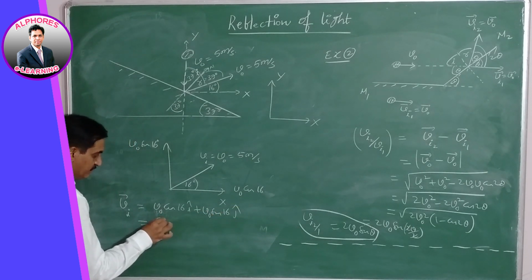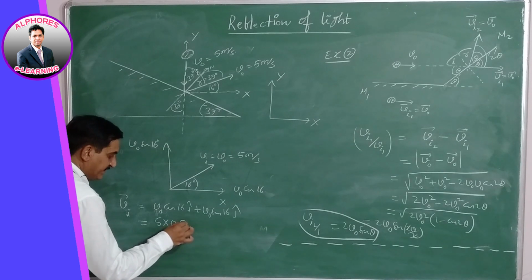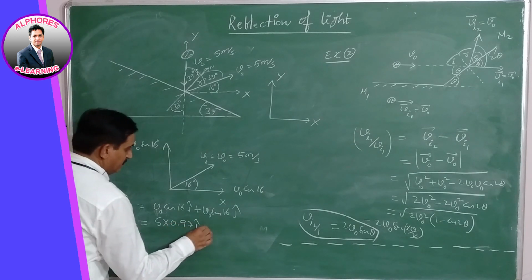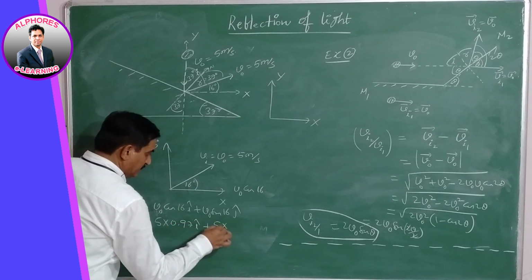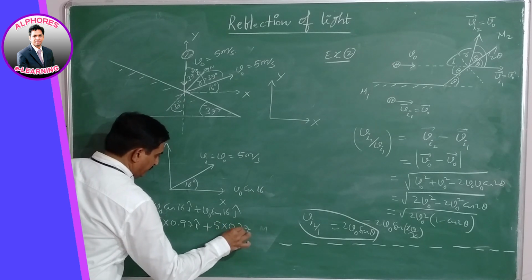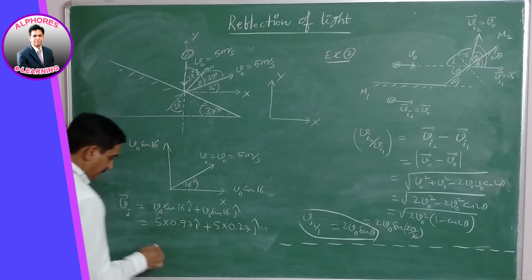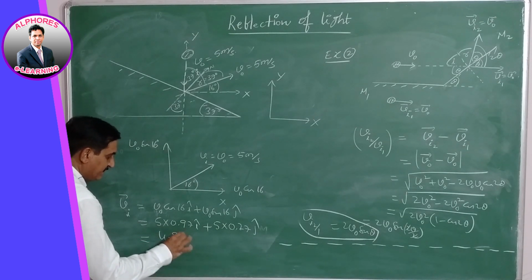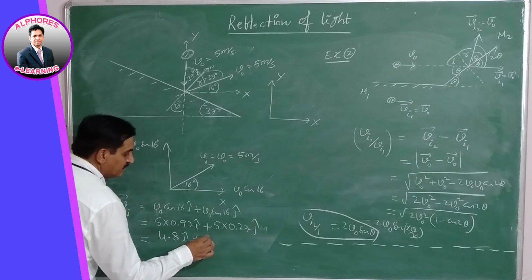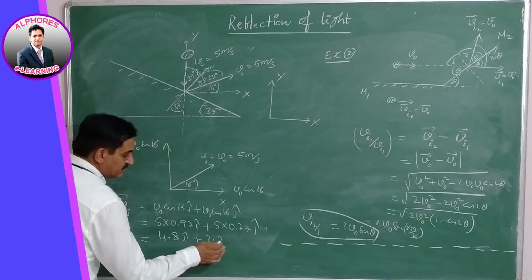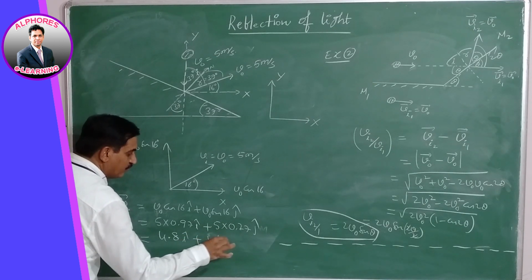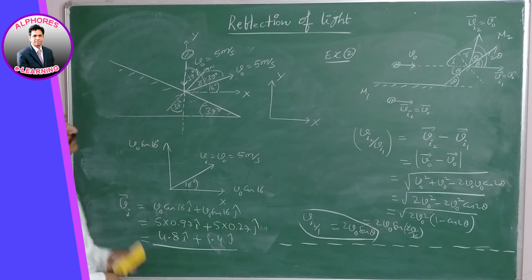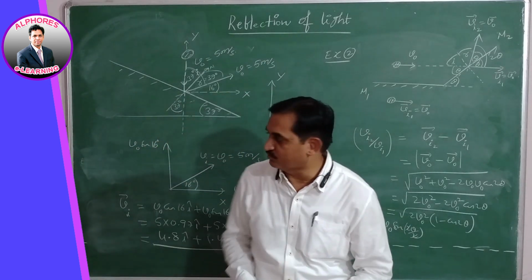This is 5 into cos 16, 0.97 roughly, plus 5 into 0.27 roughly j. So after simplifying this is 4.8i plus 1.4j. This is your answer for the fourth question.